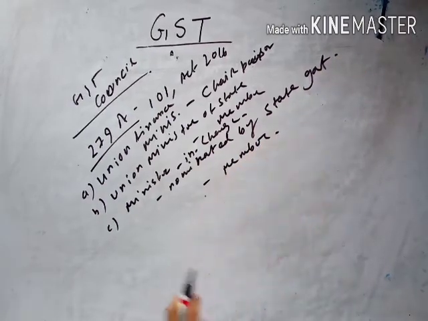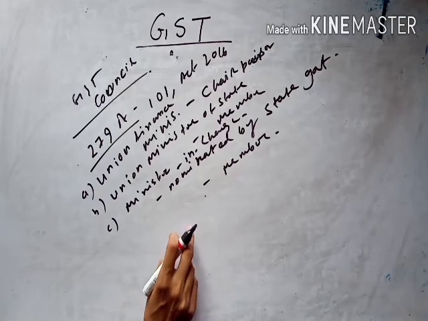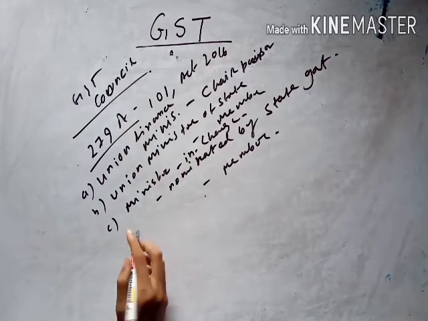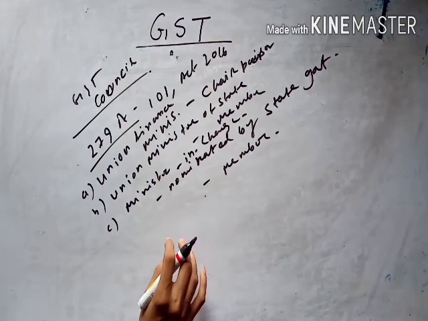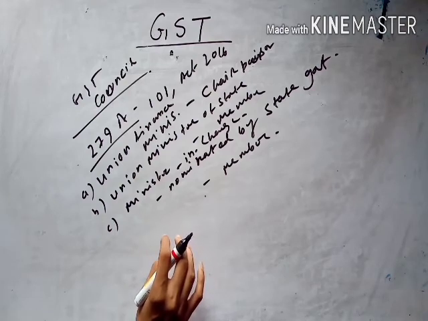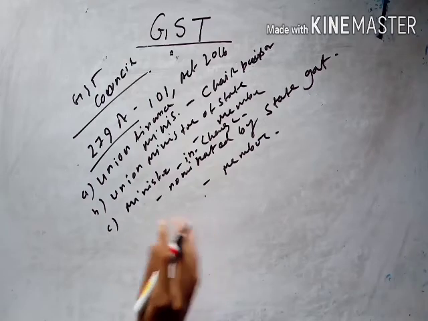And as per Article 279A, the GST Council shall make recommendations to the Union and the states on the taxes, cesses, and surcharges levied by the Union, the states, and the local bodies which may be subsumed in GST.